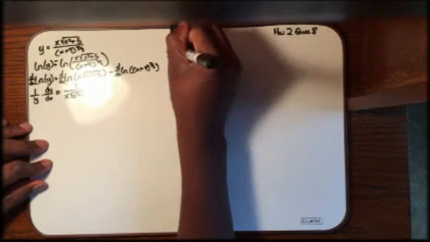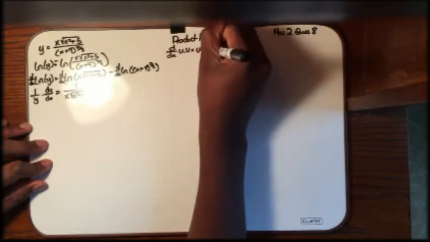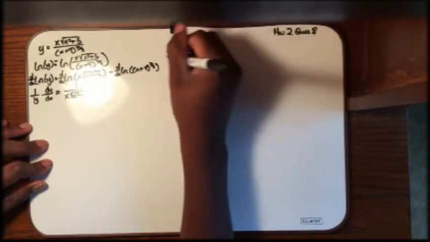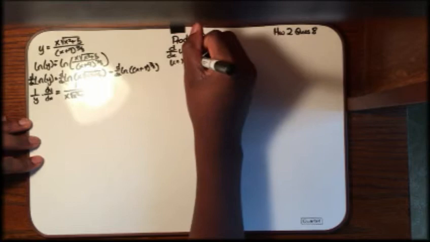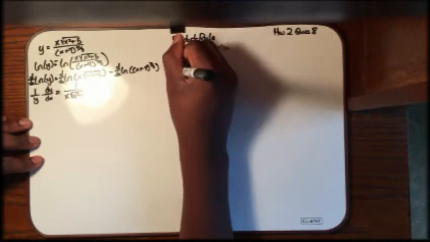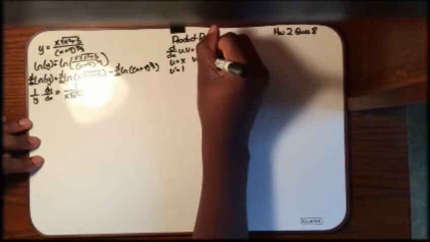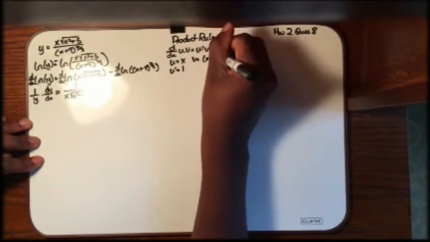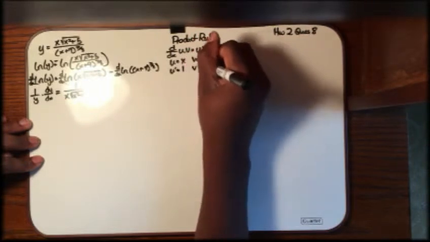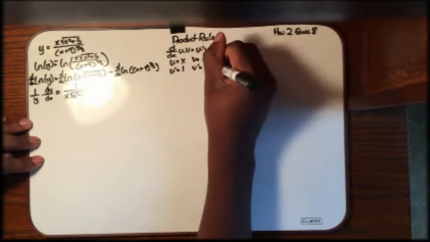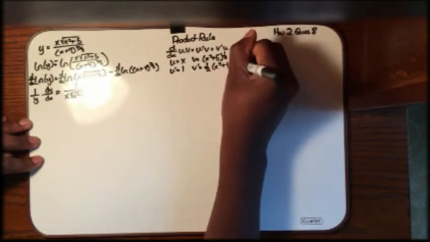And for that, we'll be using the product rule, which goes as the following: d over dx of uv is equal to u prime v plus v prime u. And for u, we'll say is equal to x, u prime is 1. v is equal to x squared plus 5 to 1/2.